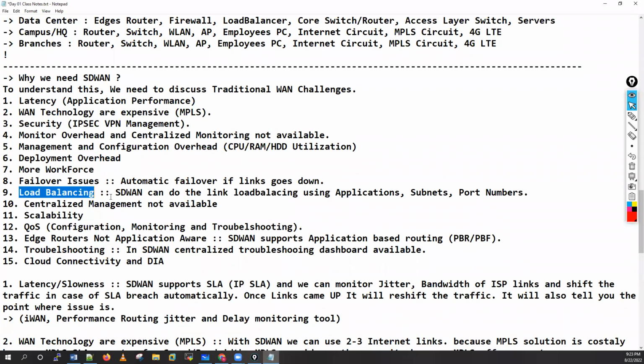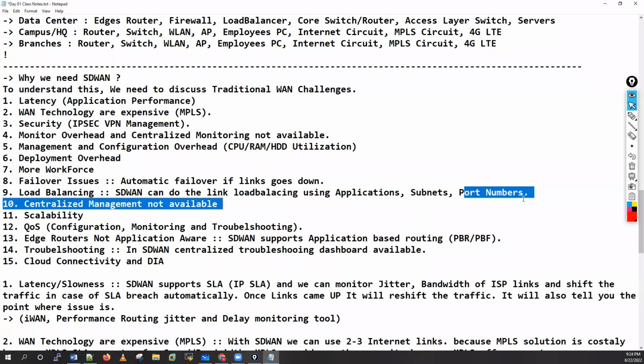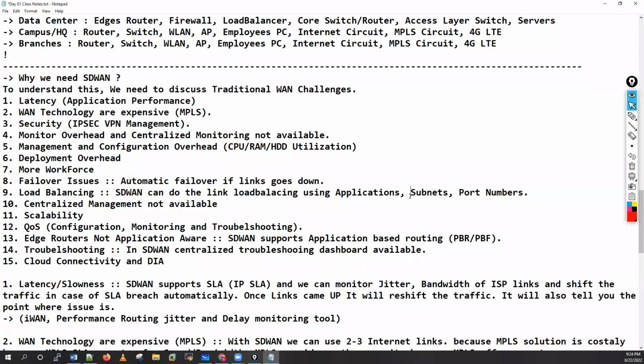Load balancing: in SD-WAN, we can do link load balancing on the basis of application, subnets, and port numbers, right? With traditional WAN, we only have PBR, which we can use for subnets and port numbers. But in SD-WAN, we can use the application.